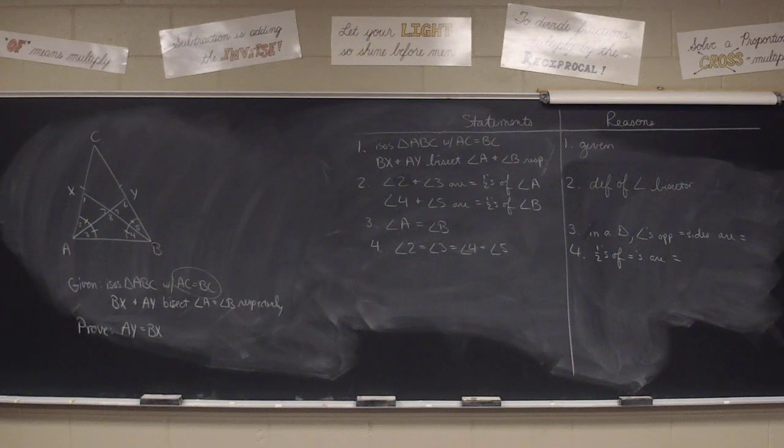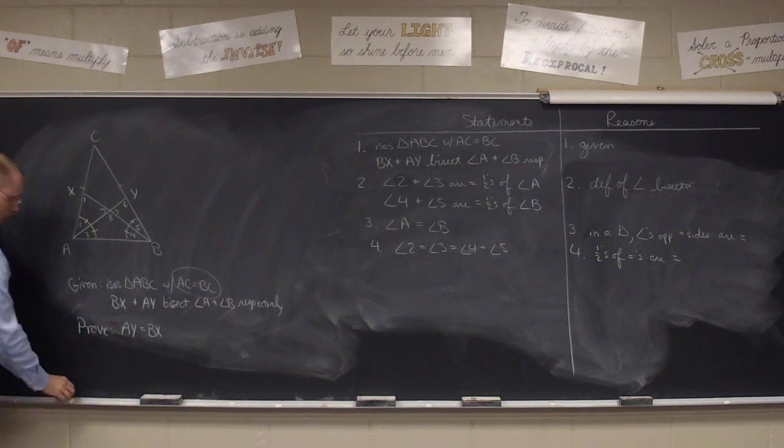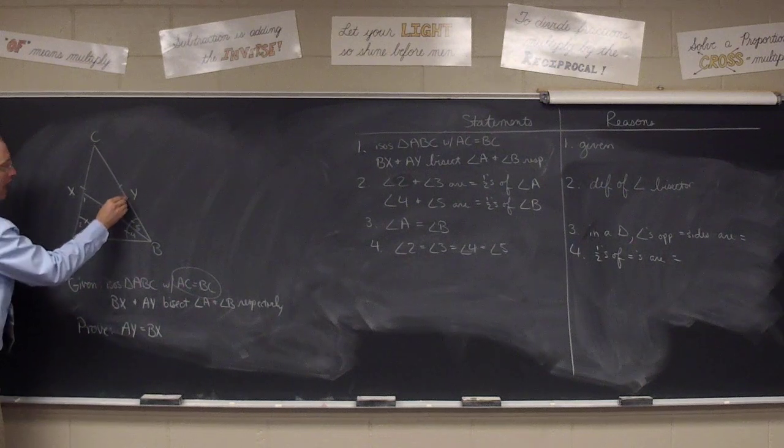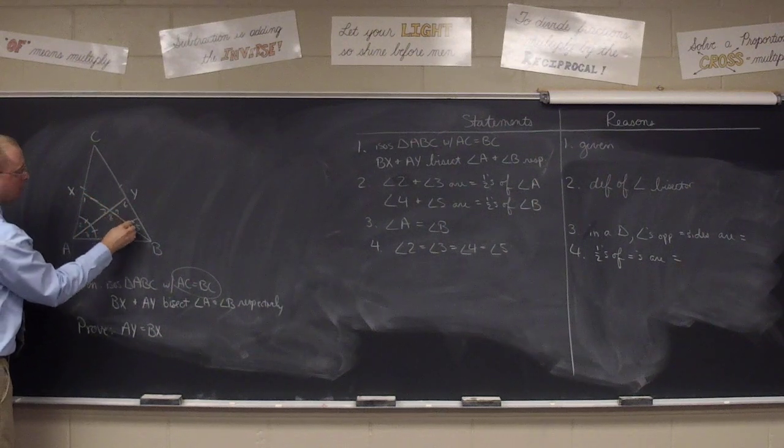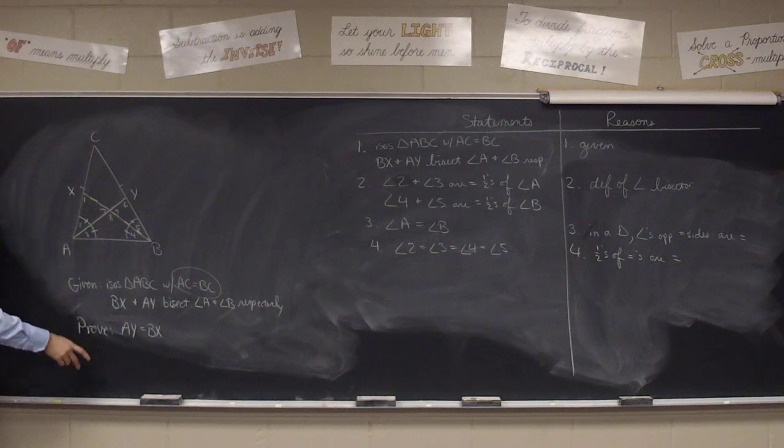Now, let's look at what I'm trying to prove. I'm trying to prove that AY, right here, equals BX, right here. Thinking analytically, how should I try to get these two lines equal? That's always a go-to, right? Congruent triangles, CPCTC.